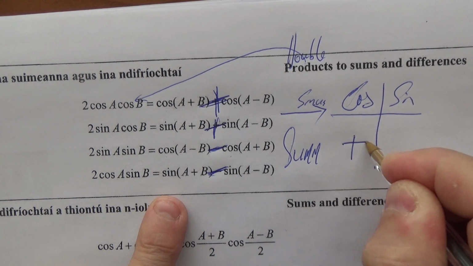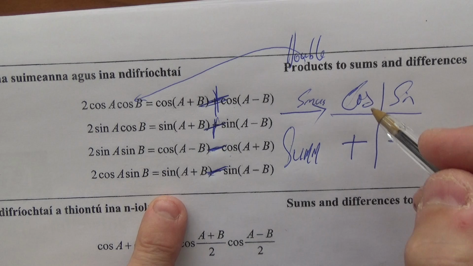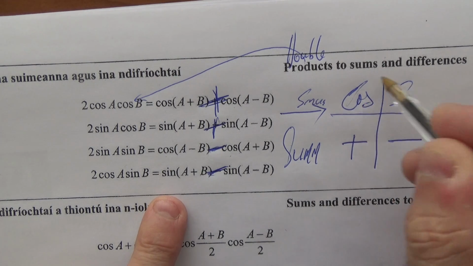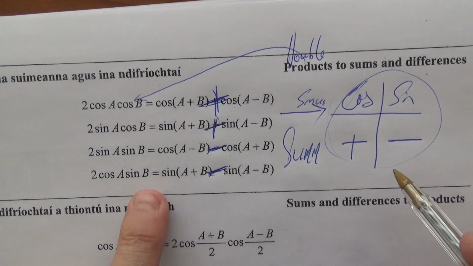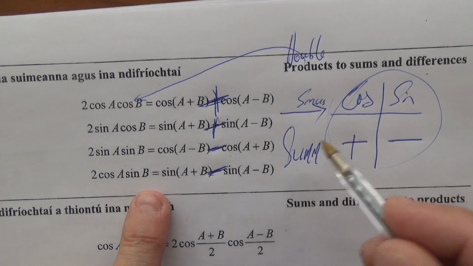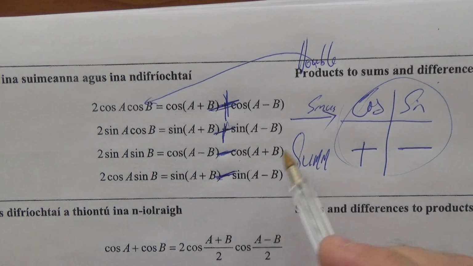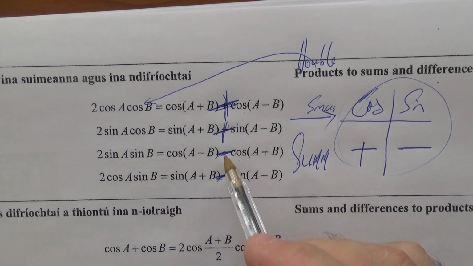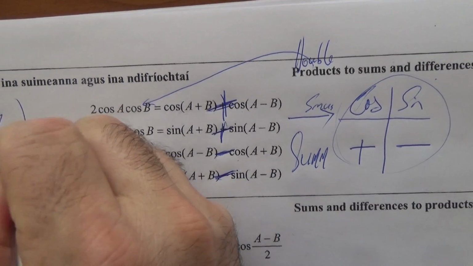You have adding going on or subtracting going on. So basically you have four different options. If you were to randomly pick one of them, it's either a cos or a sine. How many ways can you pick a sinusoidal function? 2. And how many ways can you pick the middle action? It is also 2.